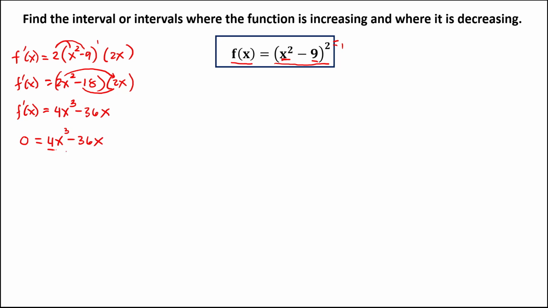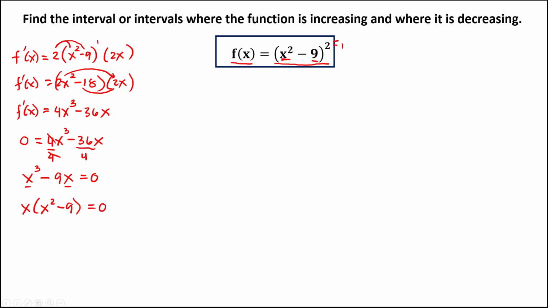Then observe these numbers are divisible by 4. So we have x to the power 3 minus 36 divided by 4, which is 9x, equals 0. Then we can factor out this x. Put 1x outside, so the remaining is x squared minus 9 equals 0.